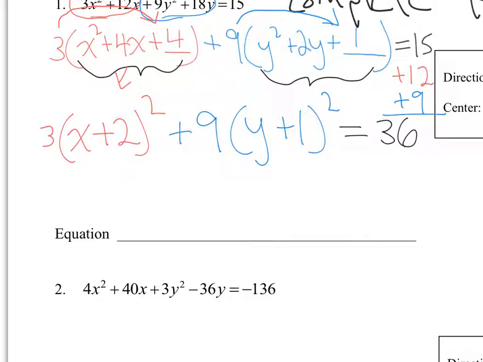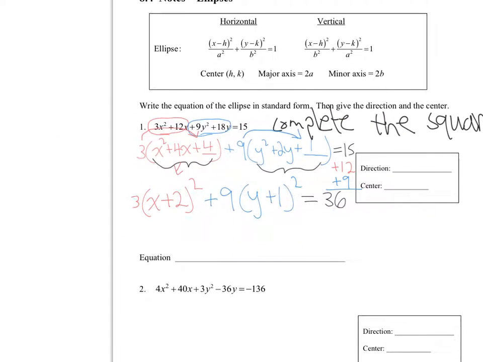Well, here's the thing. We're not fully done yet. This is not a circle, so I'm not just done here. This isn't my radius. Remember, we are using these two equations. And what do you notice about these two equations? They are both set equal to 1. So I can't have this as my final equation because it's not set equal to 1. So I need to do something.